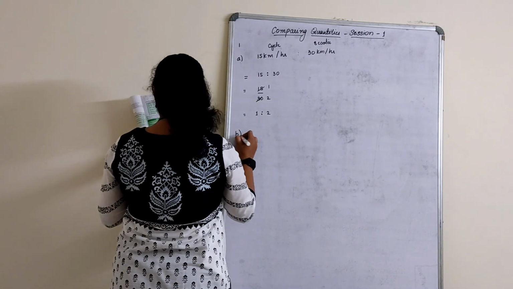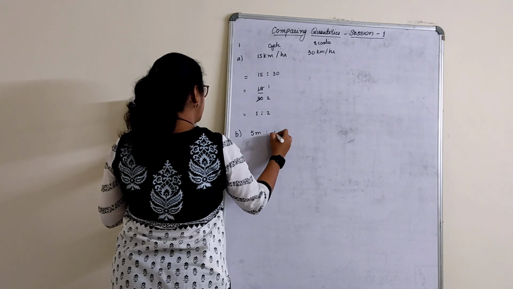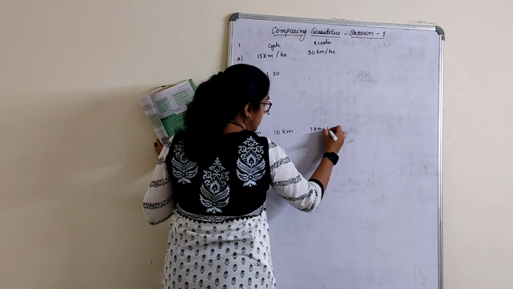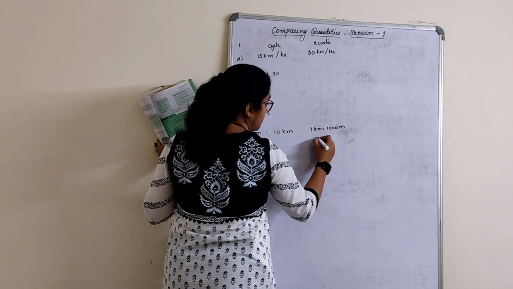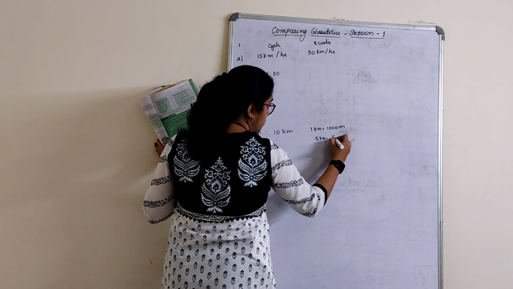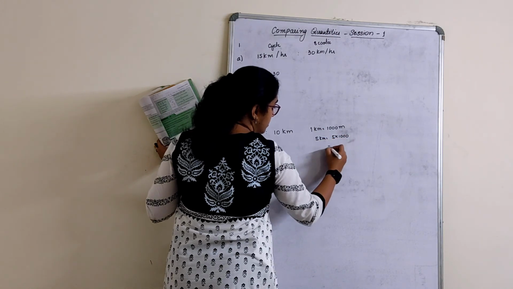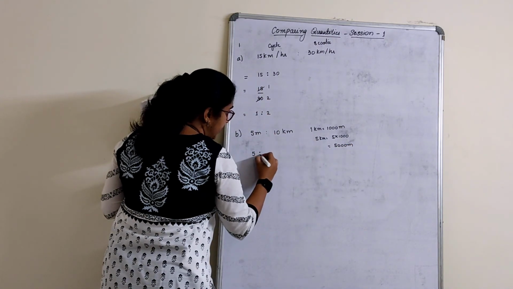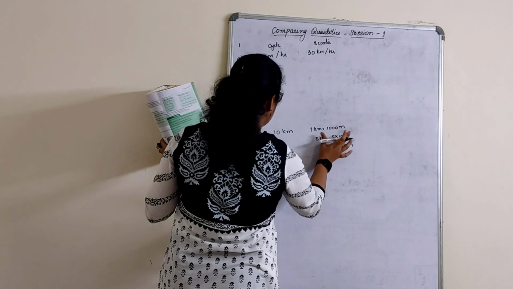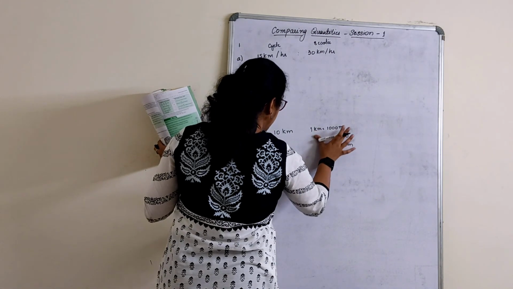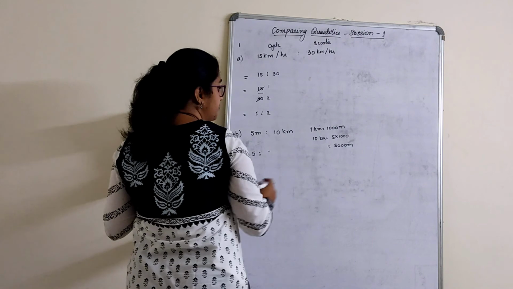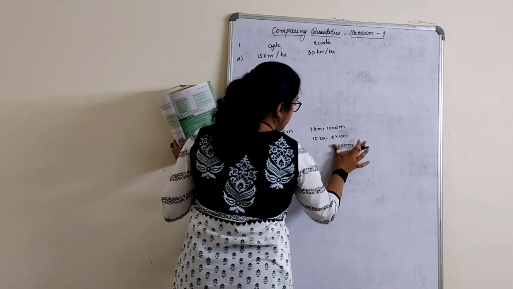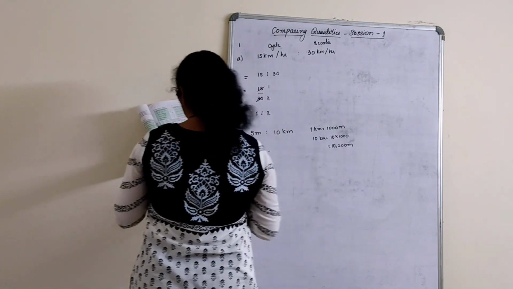B is 5 meter to 10 kilometer. 1 kilometer is equal to 1000 meter. Therefore 10 kilometer is equal to 10 into 1000 meter, so I have to convert it.